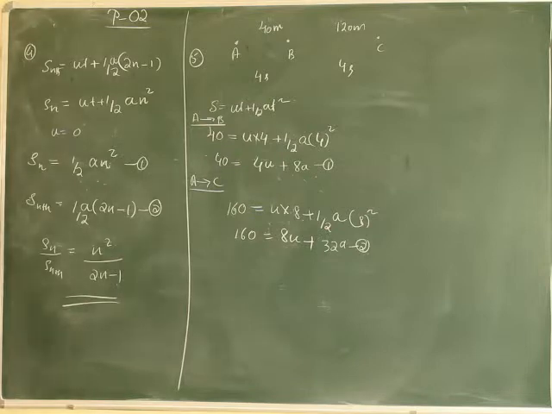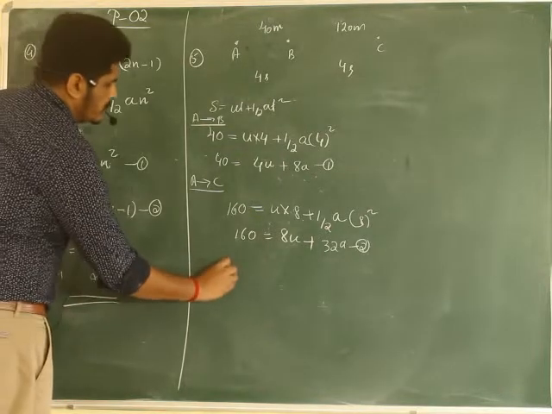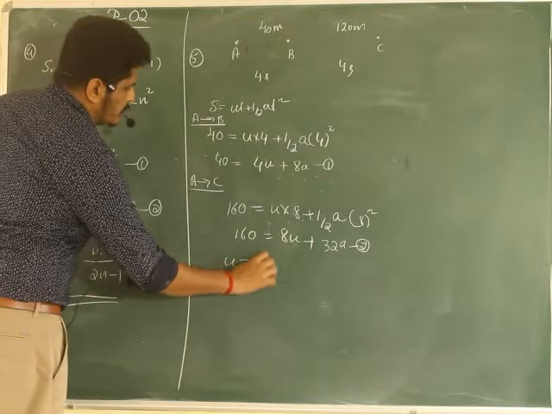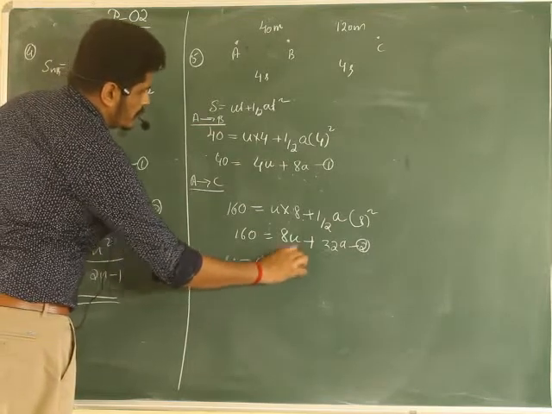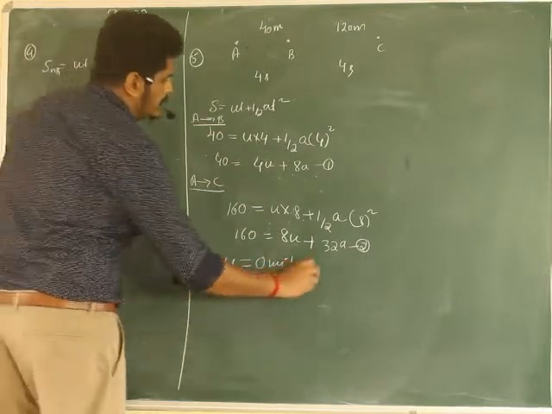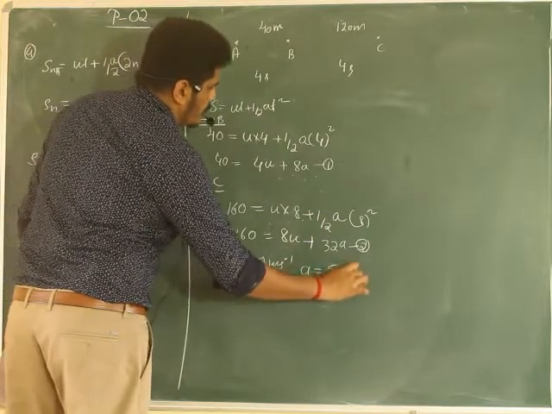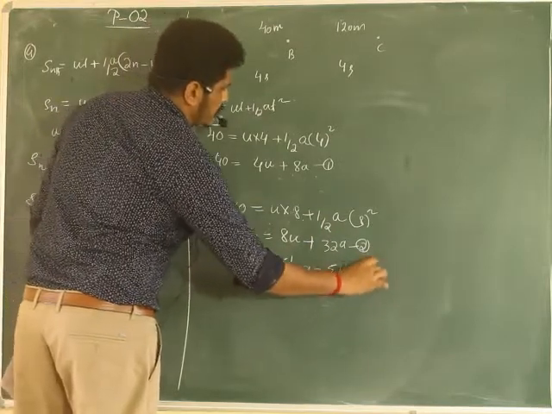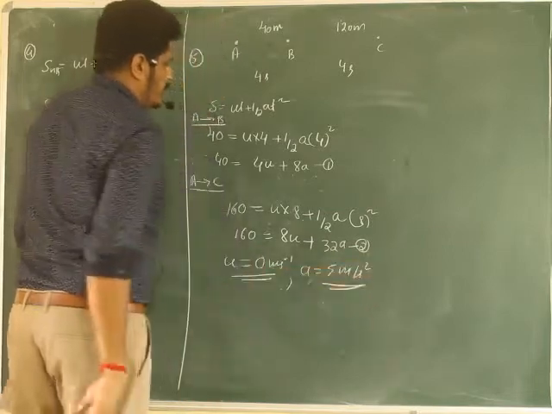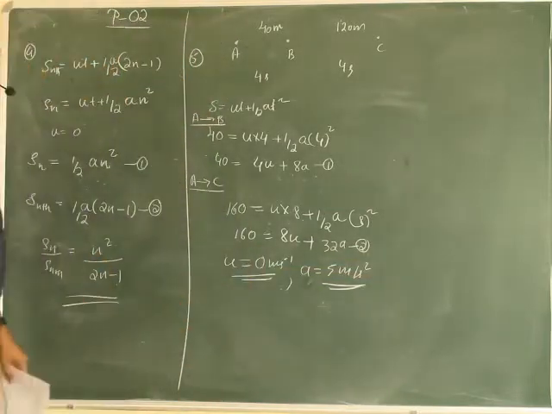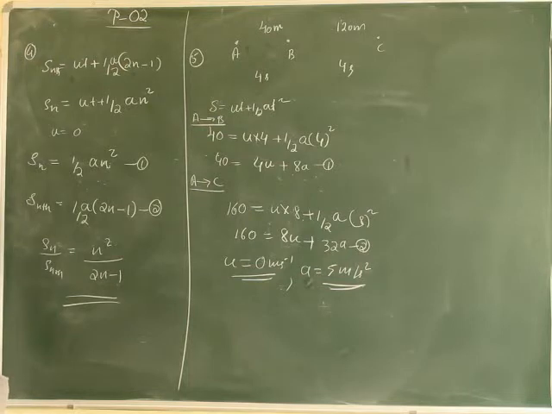After equating, it is simple. You're supposed to get u equal to 0 meter per second and acceleration 5 meter per second square. So this is how you are supposed to get the answer. So this is all about question number 5, hope it is clear for you people.